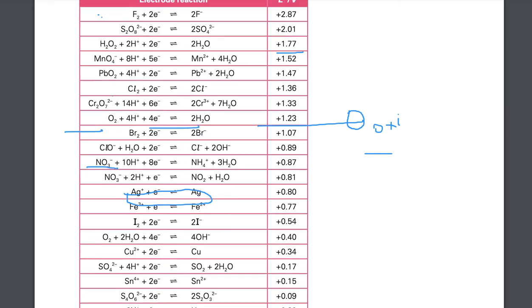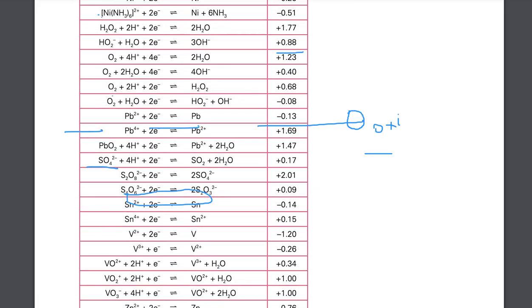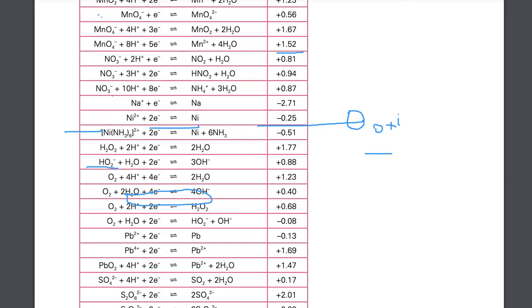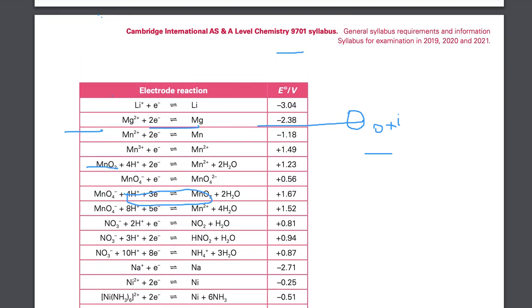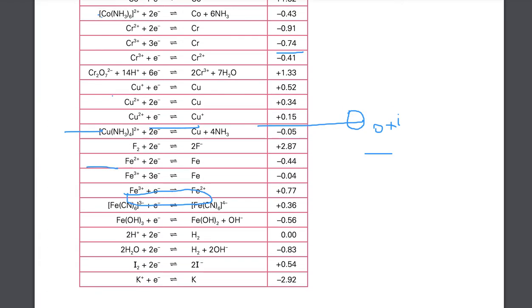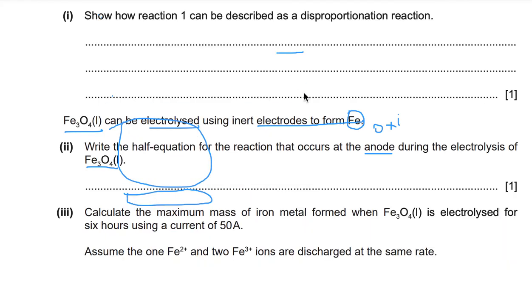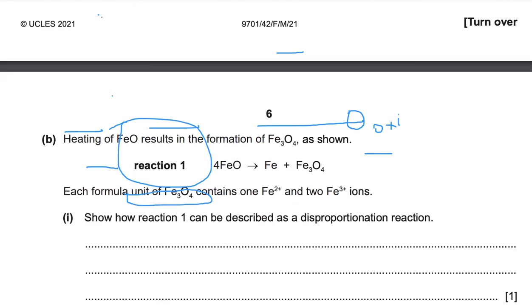Do we find any other? Let's see. Nope, over here. So there are 3 equations over here, right? So now let's see what they're asking for. Can be electrolyzed using inert electrode. Let me read the question if there's anything written.